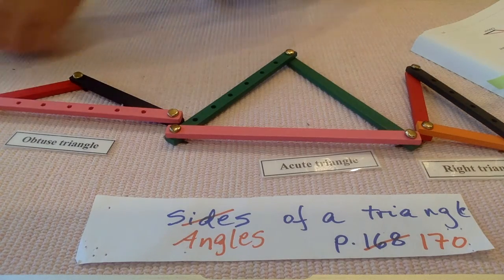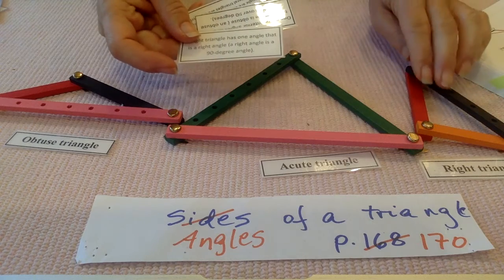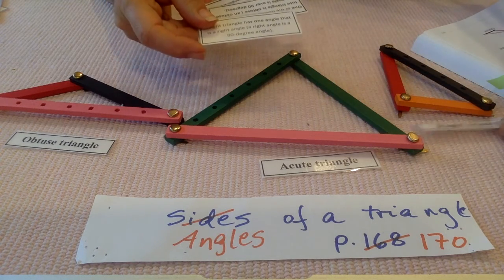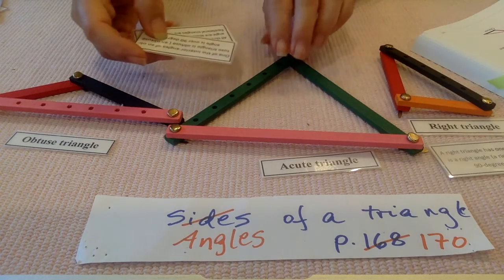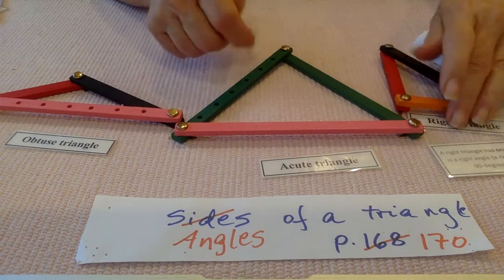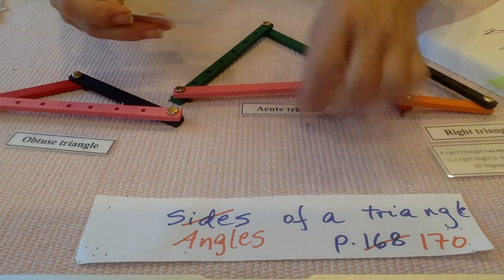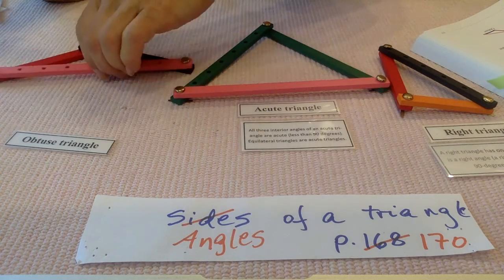Okay, then you can hand out the definition cards and have the children read them and match them to the right triangle. That's that. Move this up a little bit. And here's my acute triangle.